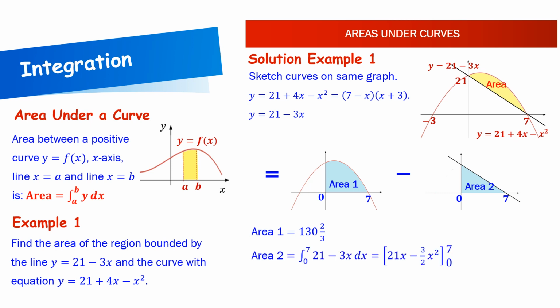Area 2 is slightly simpler. Here's the integral from 0 to 7 of 21 minus 3x dx. And integrating this term by term, we obtain 21x minus 3 over 2 x squared.